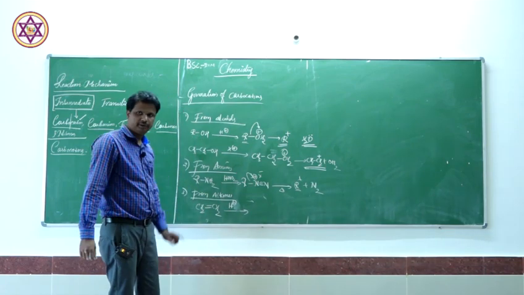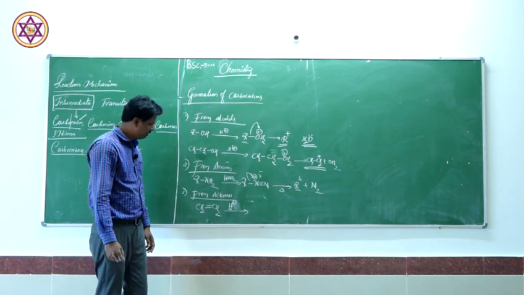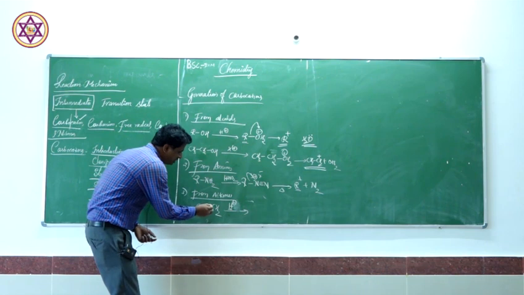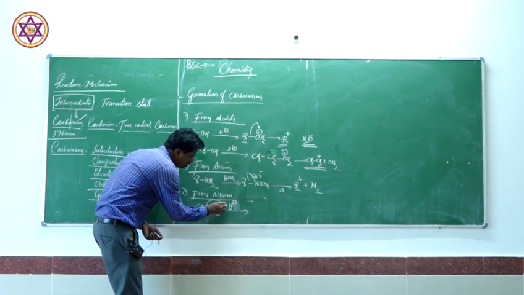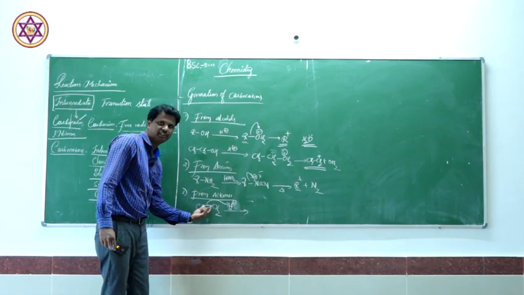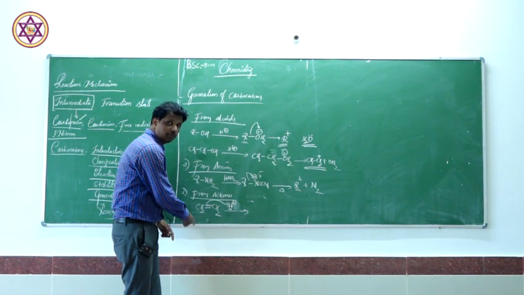So we protonate it. Now this proton is an electrophile. This pi bond here behaves as a nucleophile. So this pi bond goes and takes up this proton, utilizing both the electrons present in the pi bond, leaving behind the second carbon positively charged.